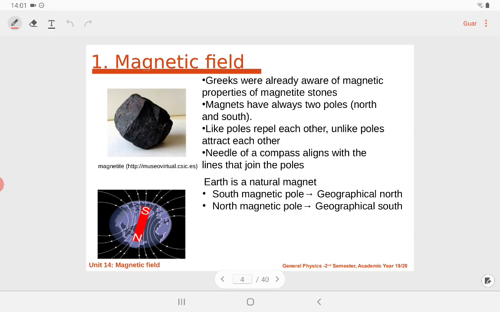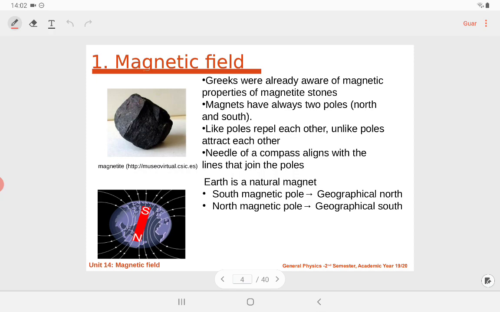And the South Pole of the magnet is located in the geographic north, and the North Pole of the magnet is located in the geographic south. So you can then use needles to align, and they can be used as compasses. And the use of magnets to navigate goes back to at least the 12th century.